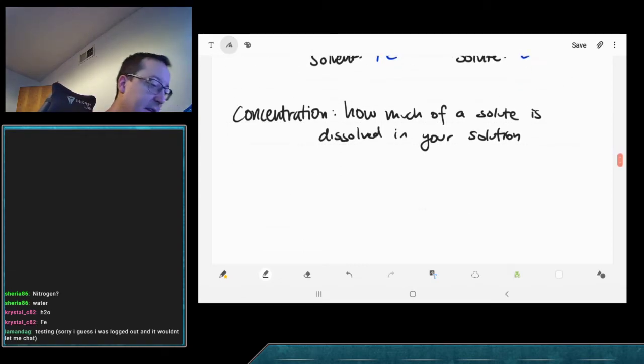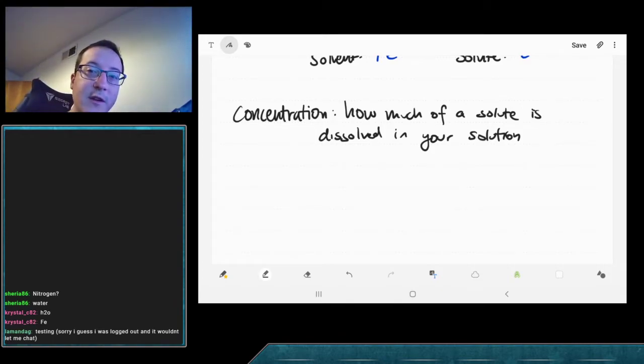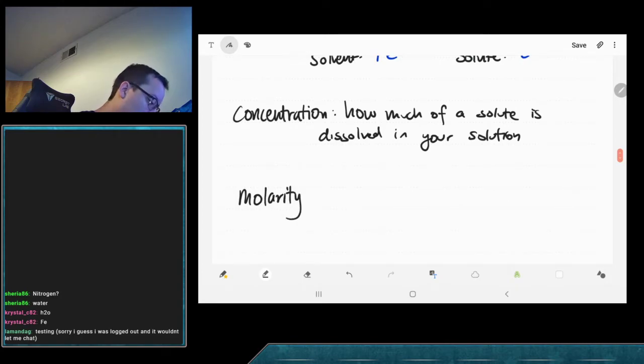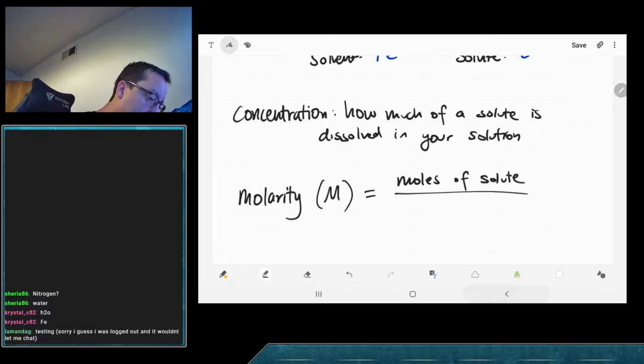So there's a number of ways to calculate this. However, the one we're going to deal with in chemistry most often is called molarity. That is represented by a capital M, which is the moles of solute over the liters of solution.